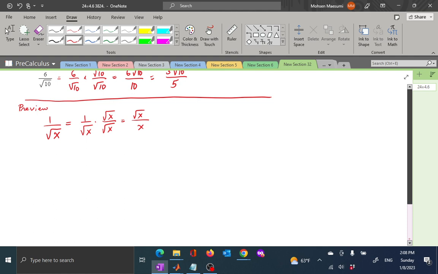One step up, when you have multiple radicals in a numerator or denominator, the problem becomes more complicated. Suppose I have 1 over radical x minus, say, radical a. Let's make the problem simpler so that we are sure of what we are after.